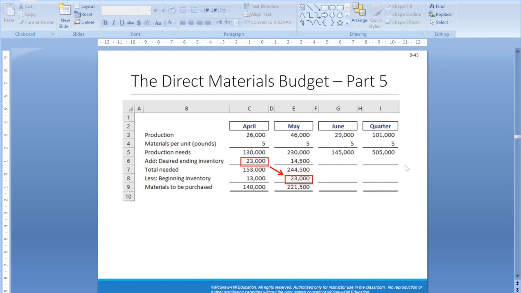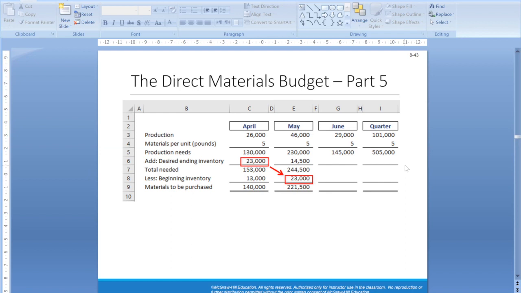So the total will be 230 plus 14,500, which is 244,500. But I already have a beginning inventory of May, which comes from where? It comes from the ending inventory of April. So the ending inventory of April of 23,000 will be the beginning inventory of May for the same amount, right?